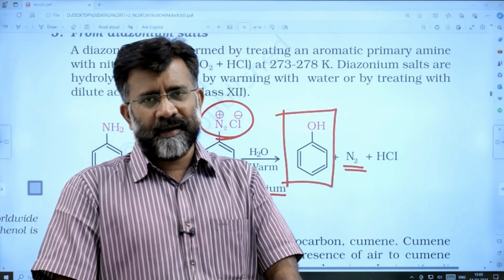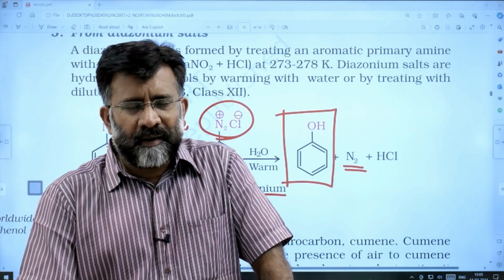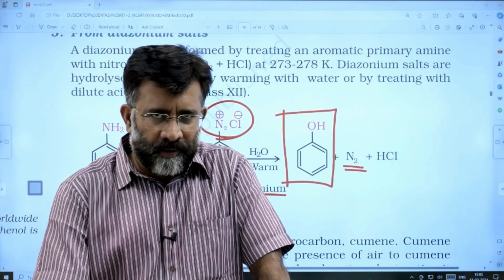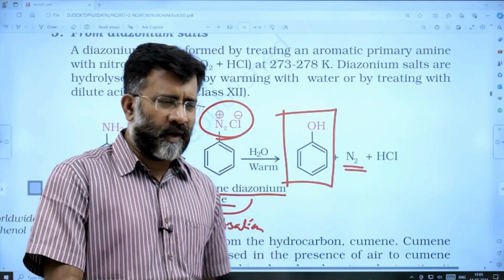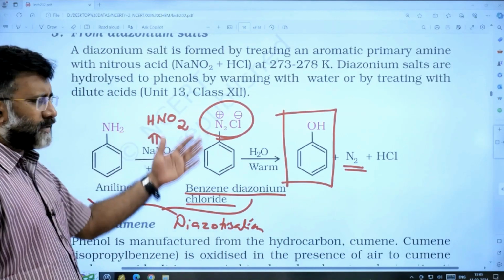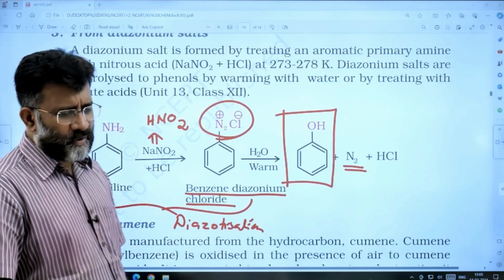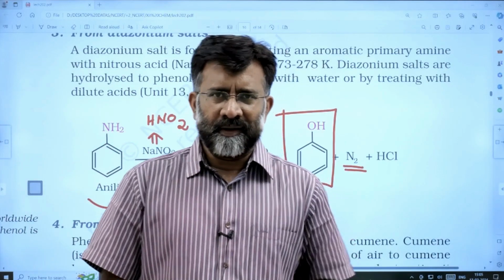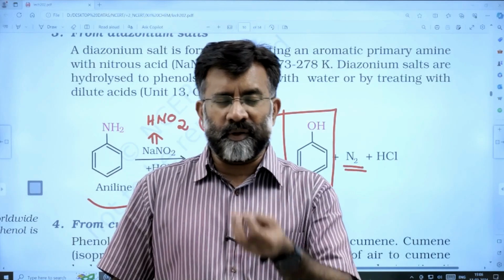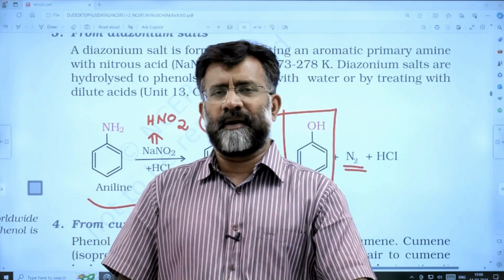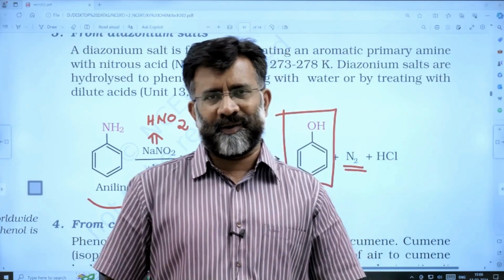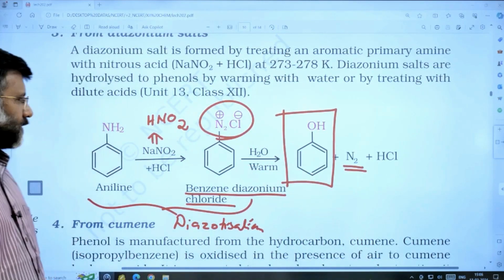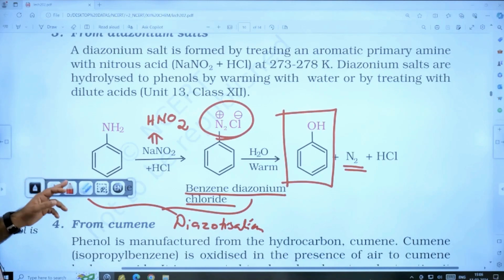So benzene diazonium chloride can be converted to phenol by hydrolysis, simply warming with water, because it is unstable. And in the case of an aliphatic diazonium salt, there is no need to heat at all. At ordinary conditions, upon treating with an aqueous medium, you will get alcohol, right? It is extremely unstable.